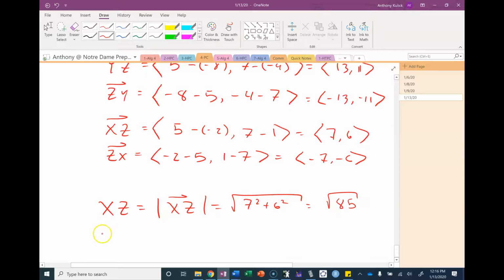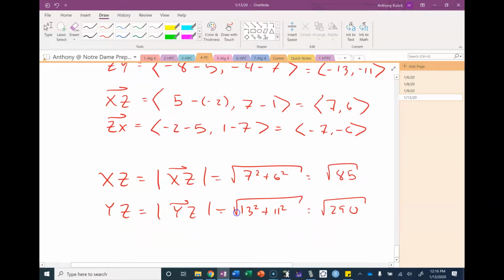Similarly, the length of side yz is going to be the same as the magnitude of the vector yz. That's going to be 13 squared plus 11 squared. 169 plus 121 is 290, I think.